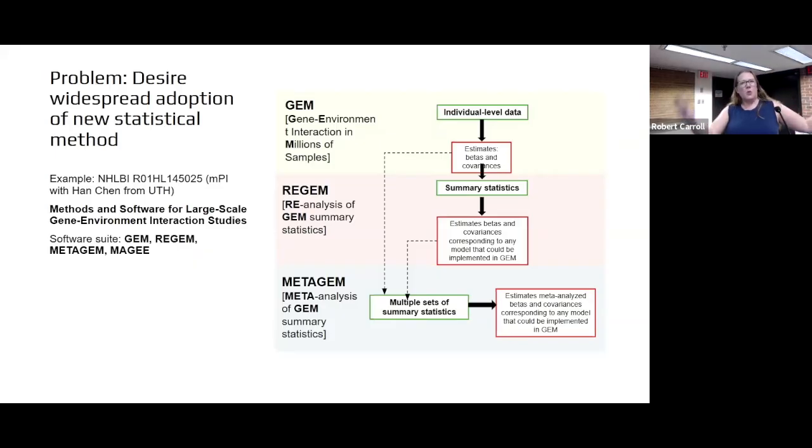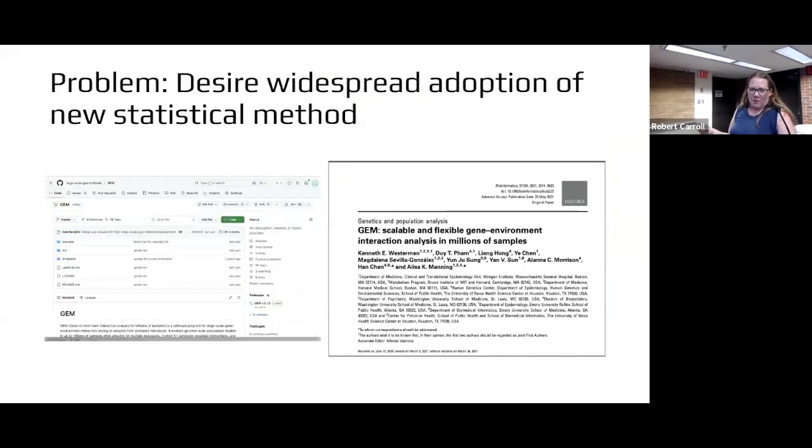We want people to use our tools. So how do we use the current suite of open architecture platforms and tools to enable that? So we want the widespread adoption of our new statistical methods. So we have our GitHub repository where we have our software and the instructions of how to download the software and compile it and all the prerequisites.